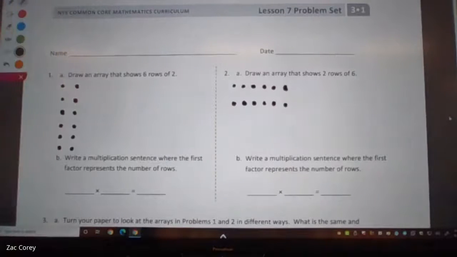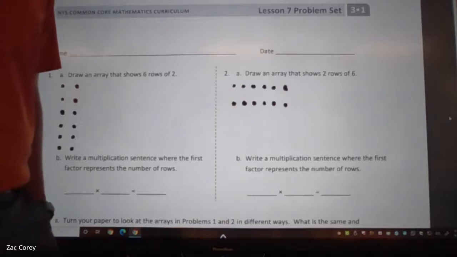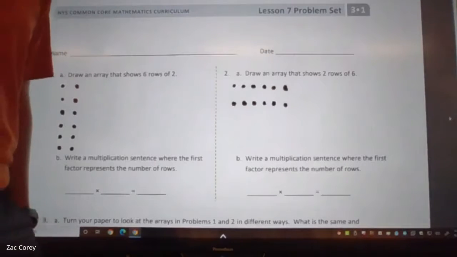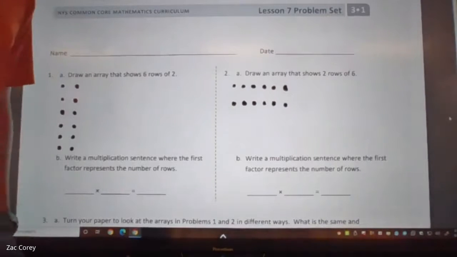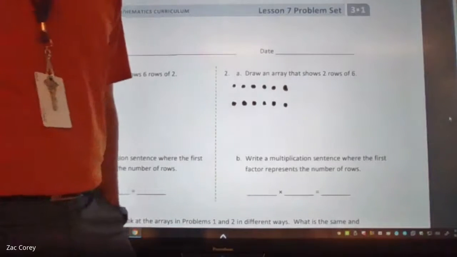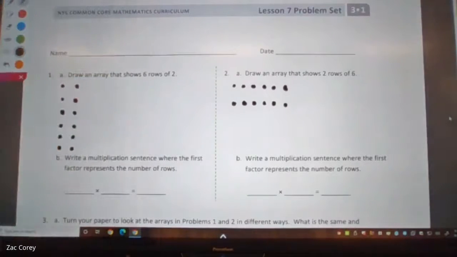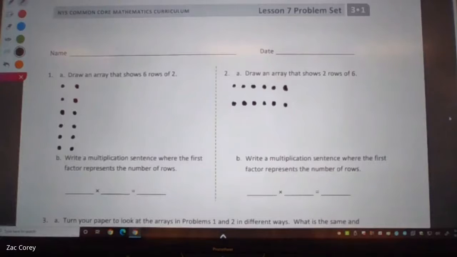Okay, so on your page, number 1, at the very top, 1A, it says count by 2s 6 times. So let's do that, okay? We'll fill in the blanks.